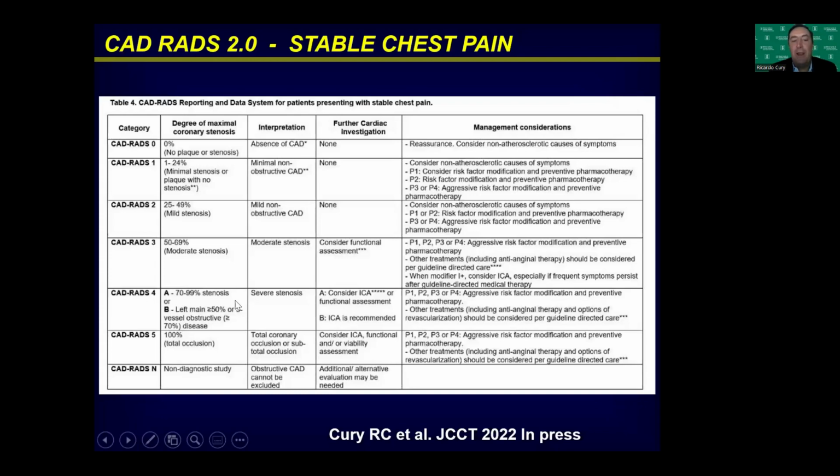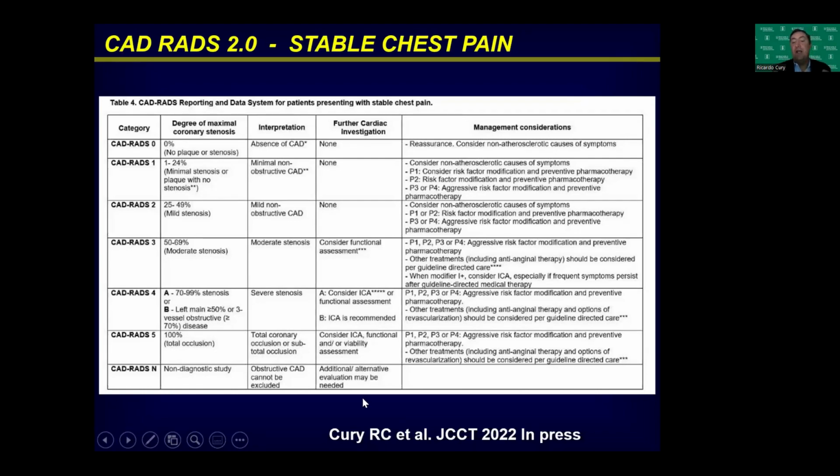And CAD-RADS 4, depending, will go to either ICA or functional assessment, and really depending on the patient's symptoms, severity, location of the lesion, a lot of other factors. 4B, which is left main or triple vessel disease, in general, those patients will go to the cath lab directly. CAD-RADS 5, which is total occlusion, ICA and functional imaging, and CAD-RADS N for non-diagnostic.